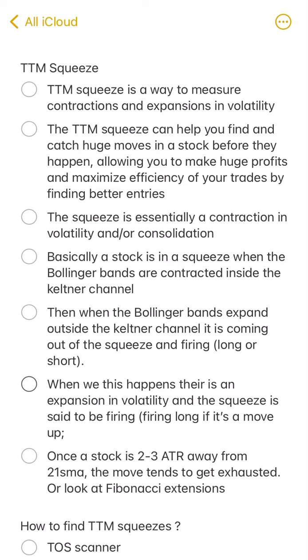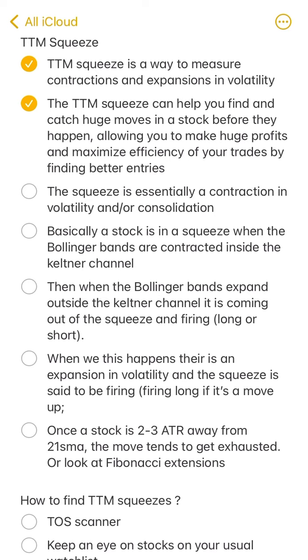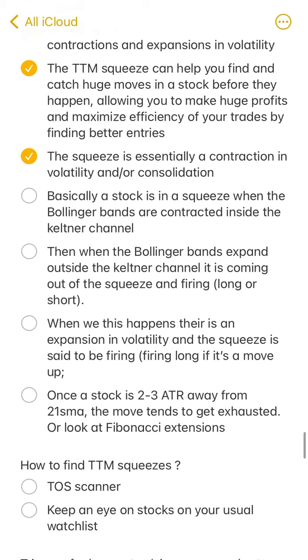So the TTM Squeeze, basically what it does is it can help you find and catch huge moves in a stock before they happen, okay? Which allows you to make huge profits and maximize the efficiency of your trades by finding better entries, okay? So the squeeze is essentially just the contraction in volatility or consolidation, right?